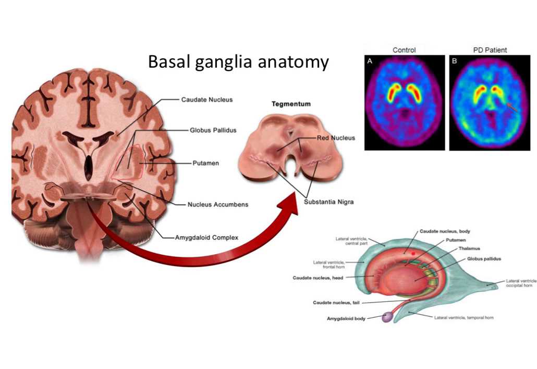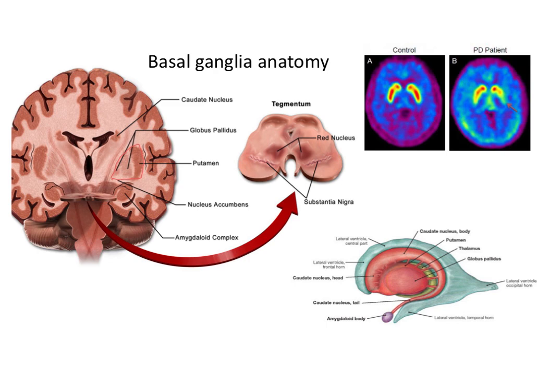So caudate plus putamen makes up the so-called striatum. However, this lentiform nucleus is made up of the putamen sitting laterally plus the globus pallidus, which sits more medially. And the globus pallidus is composed of an external segment here and an internal segment here, the so-called globus pallidus externa and globus pallidus interna.